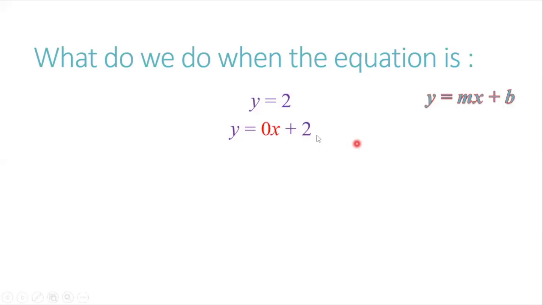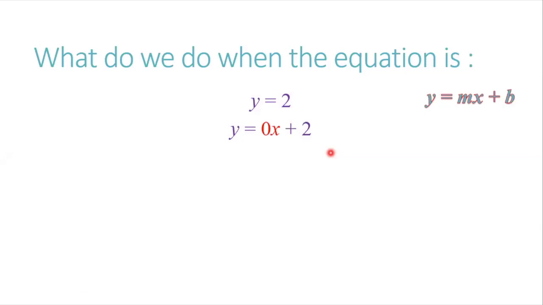So one more time, I need to make this equation look something like y equals mx plus b. But because my equation didn't have any x, I can just put 0x, because if you simplify, 0 times anything is still 0, and that eliminates whatever was there. For the sake of this equation, I'm trying to identify my slope.